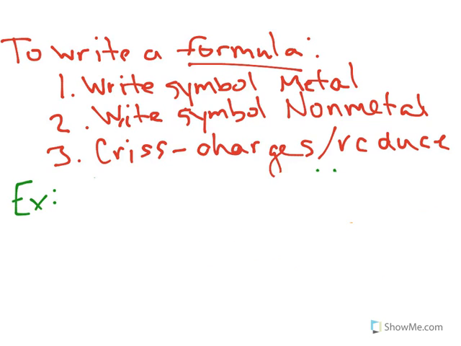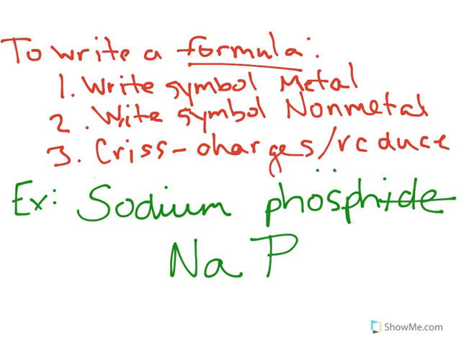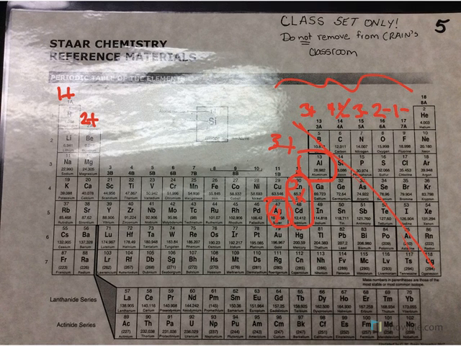Okay, let's try sodium phosphide. All right, sodium symbol is Na. Phosphide is phosphorus, so that would be P. If we go to our periodic table, sodium is group 1, so it's going to have a 1 plus charge.